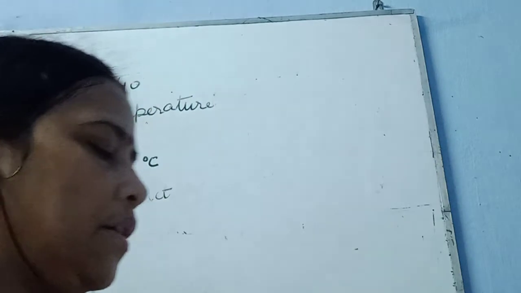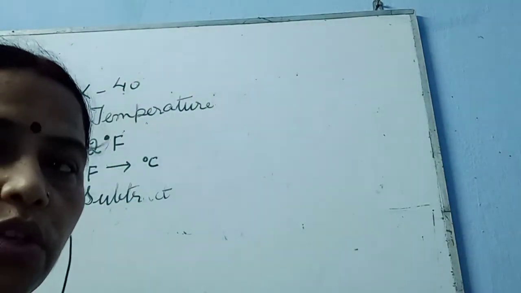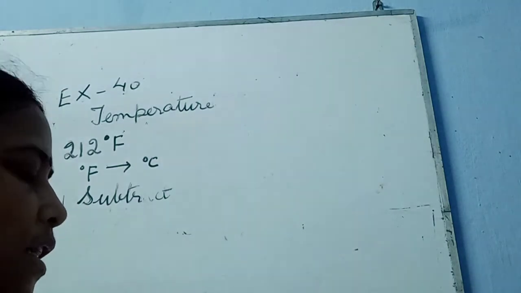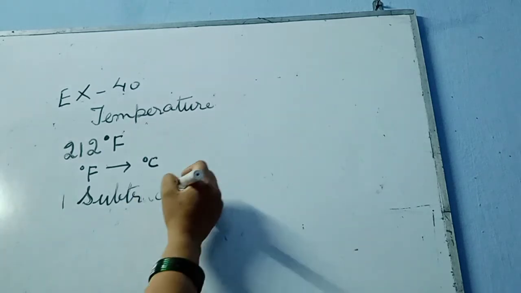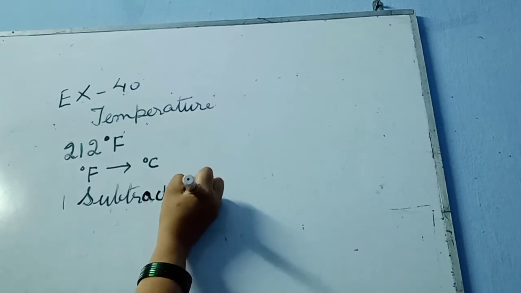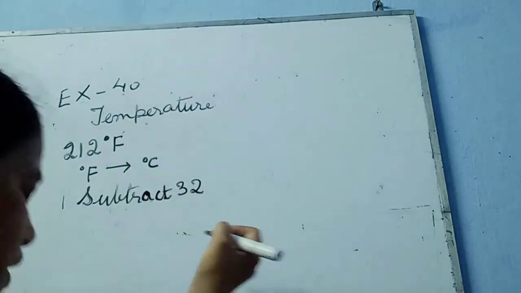Suppose 212 degree Fahrenheit has been given to you and you have to convert that into degree Celsius. Then what are the steps that you are going to follow? First of all, we are going to subtract 32. Subtract 32 means from 212 we have to subtract 32.